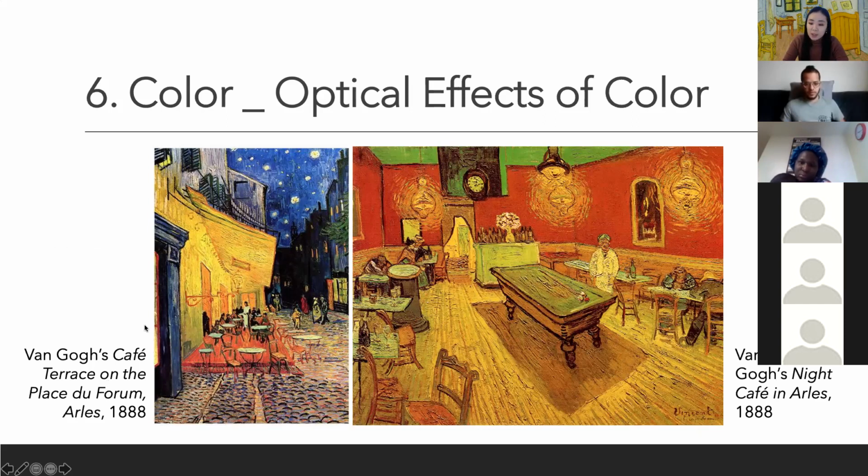He used simultaneous contrast for the optical effects of color in these two works of art. So look at the left painting here. What kind of color did he use in this painting? Which color did he use?